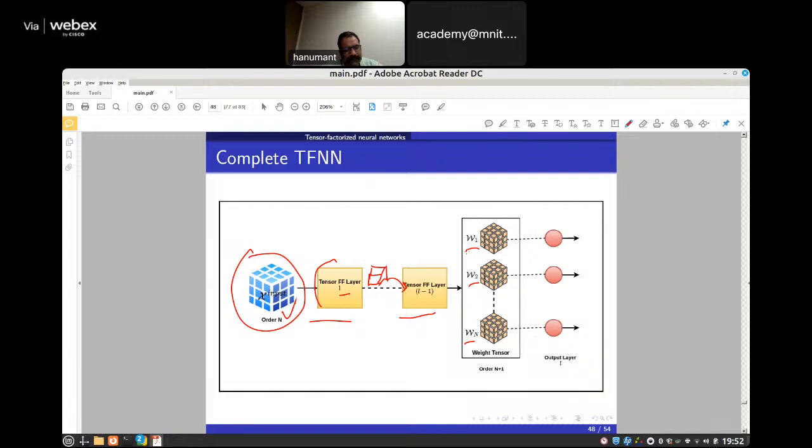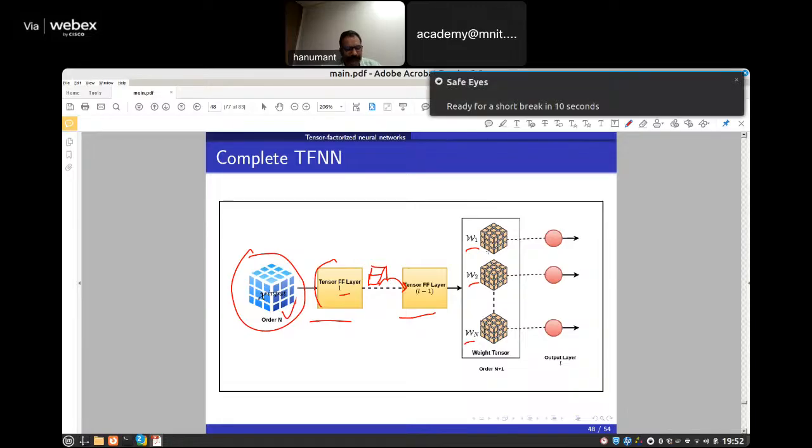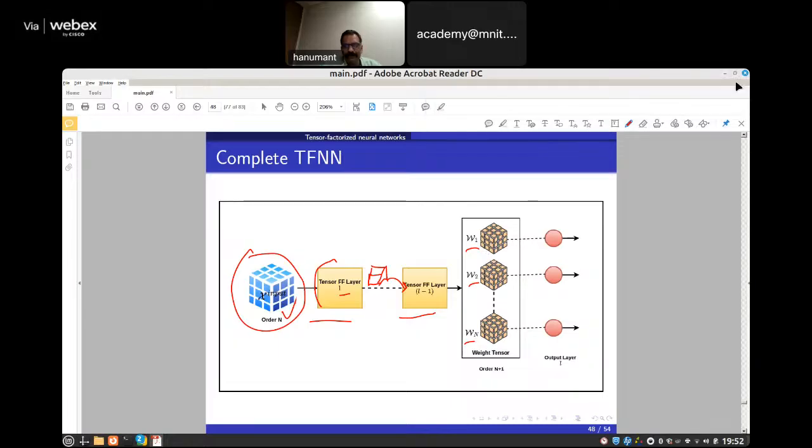When we do inner product of tensors, we get numbers, if you remember earlier. Now how to convert these numbers into probability? It's very simple, you all know the answer. You pass through a softmax layer.